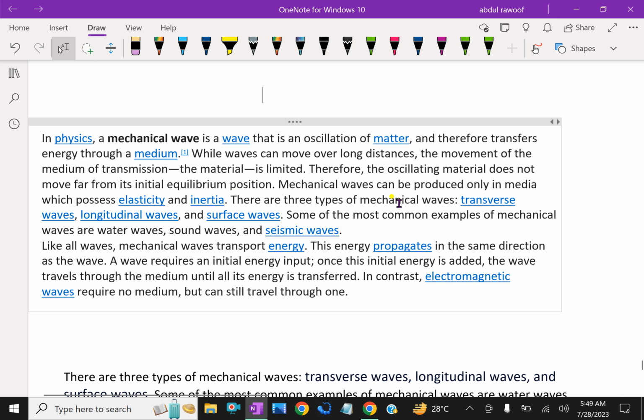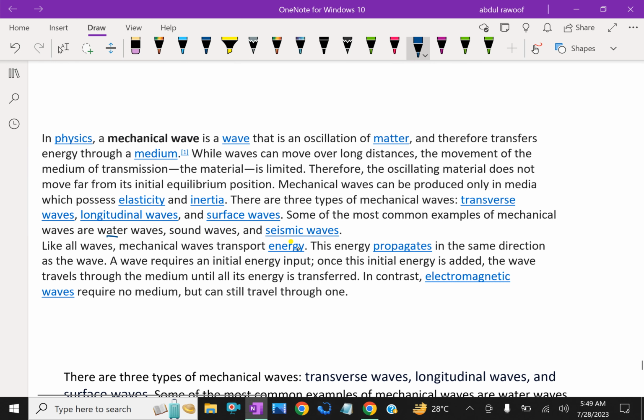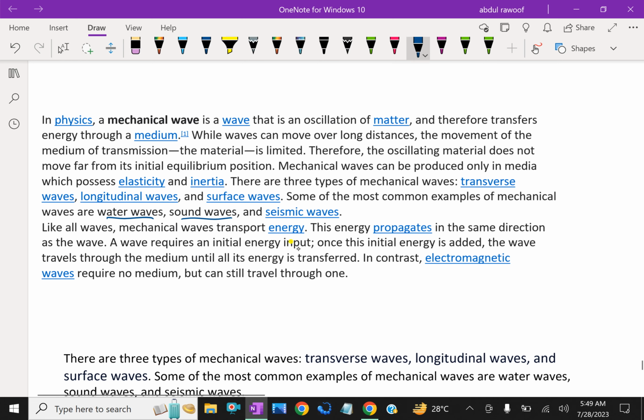Mechanical waves can be produced only in a medium which possesses elasticity and inertia. There are three types of mechanical waves: transverse waves, longitudinal waves and surface waves. Some of the most common examples of mechanical waves are water waves, sound waves and seismic waves.